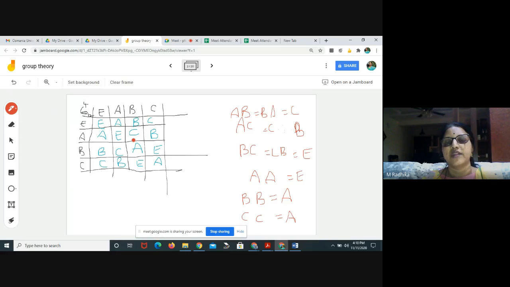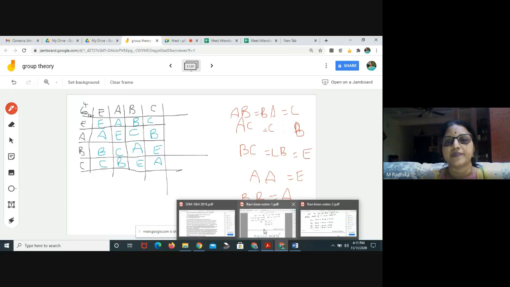You cannot write one more method. If you take any method, it will be a repetition. So for G4 you have two types: in the first case all the elements are inverse of themselves, whereas in the second case only A is inverse of itself. These are the two things you have to remember.